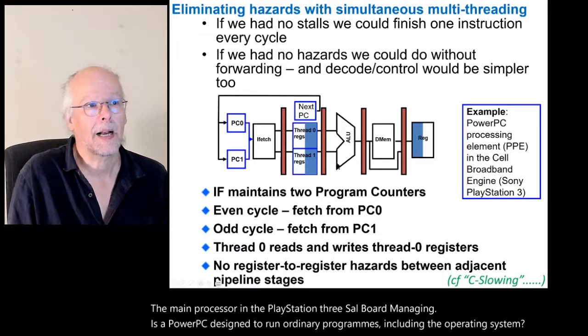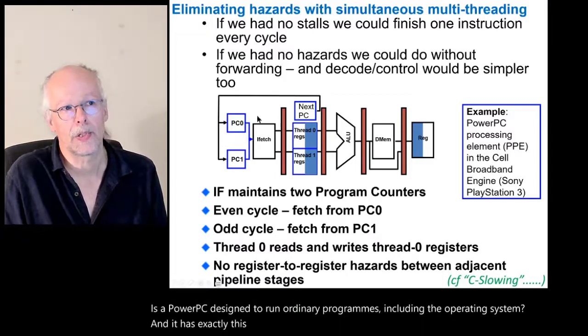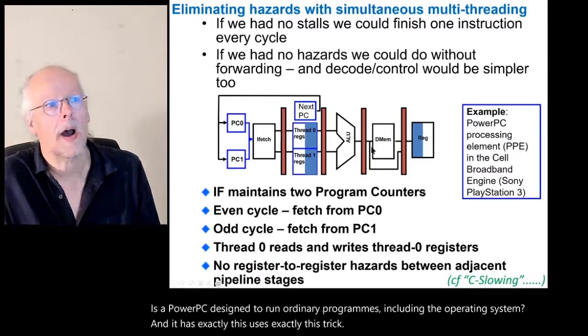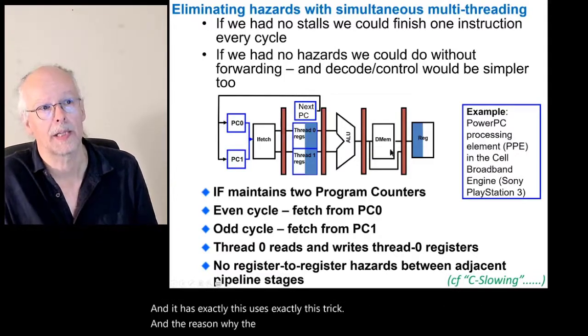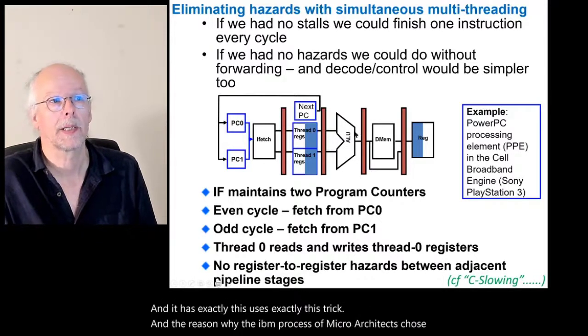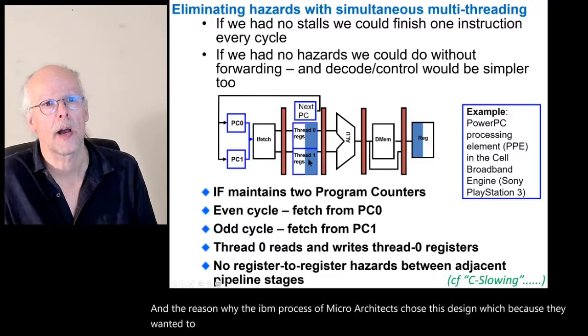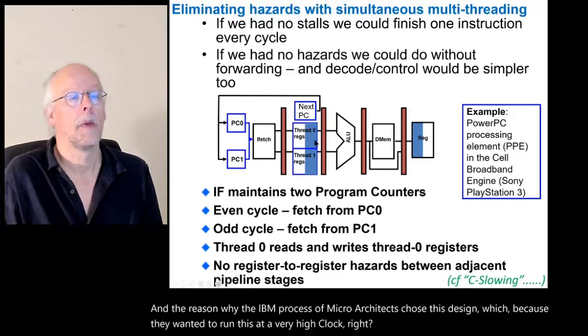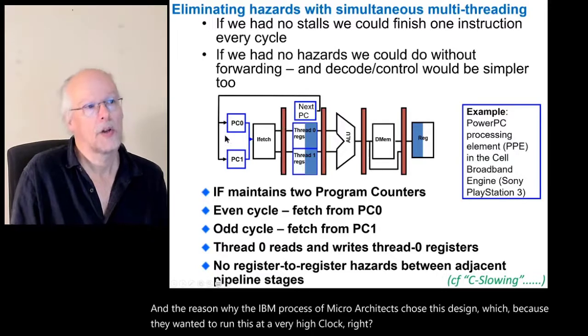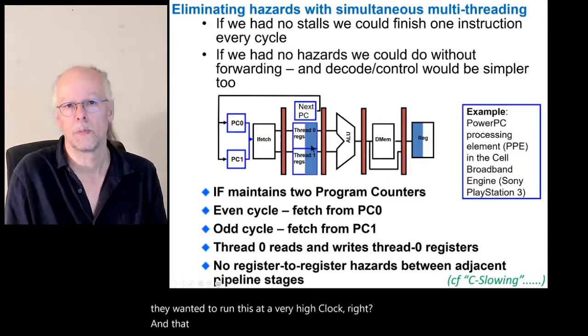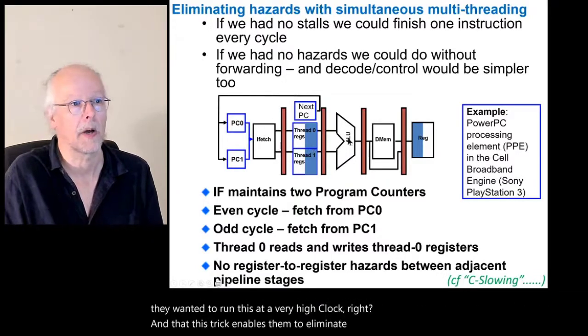And it uses exactly this trick. The reason why the IBM processor microarchitects chose this design was because they wanted to run this at a very high clock rate, and this trick enables them to eliminate some of the complexity in their pipeline.